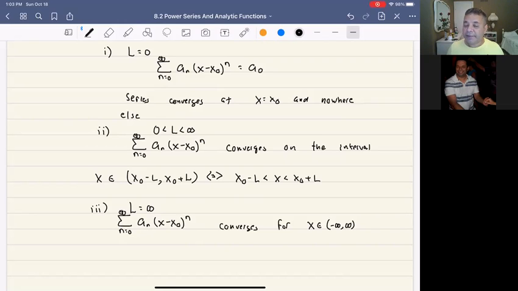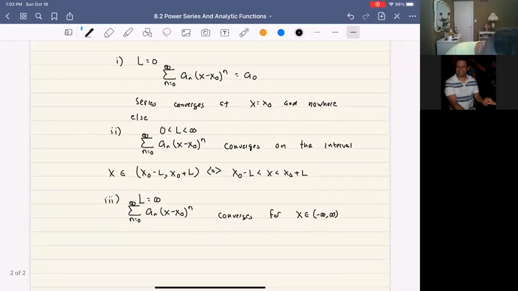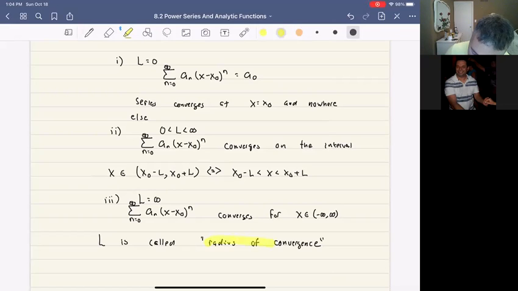Okay, and this L is called the radius of convergence. Okay, this may be ringing some bells from Calculus 2. I know that was a while ago.